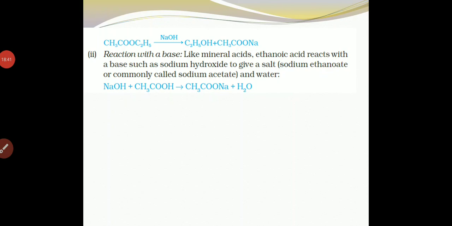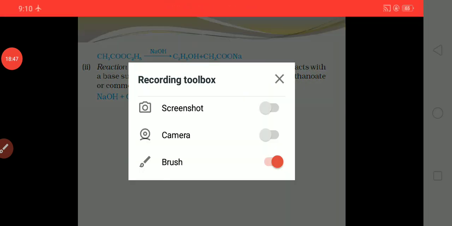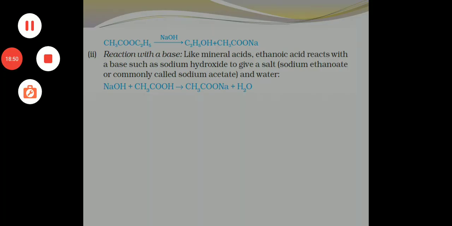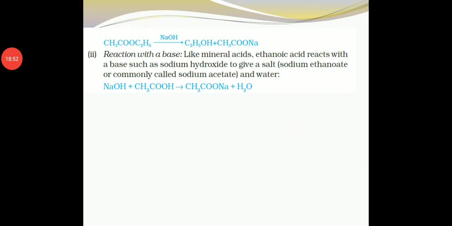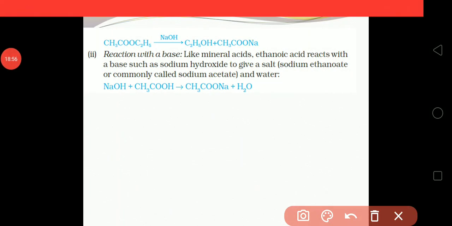CH3COOC2H5 plus NaOH. In this reaction you can see that on reacting, C2H5OH will be formed.